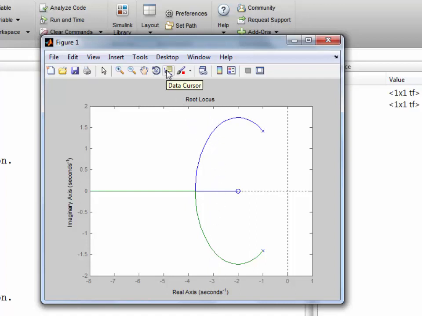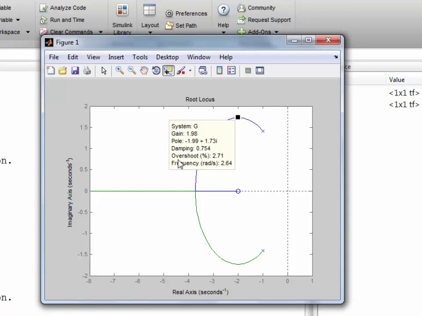If we come up here and click on this data cursor, and then we click on the root locus and we move this around, it shows different points on the root locus, and it shows the gain, the value of k that places the closed loop pole there, tells you what the exact pole location is, and then it also tells you these qualities: damping, overshoot, and frequency.